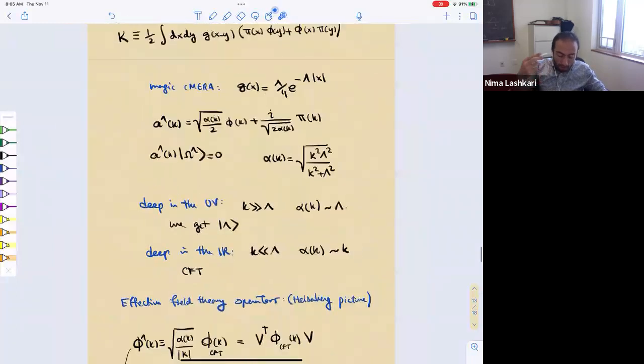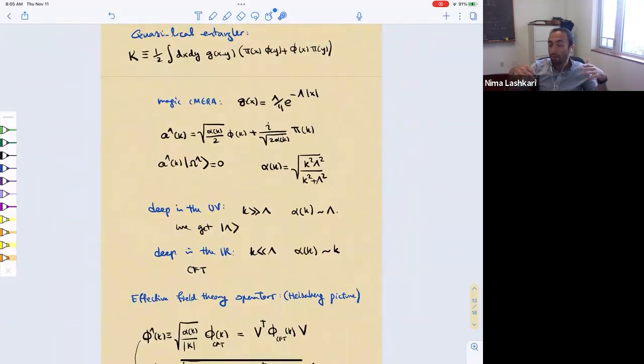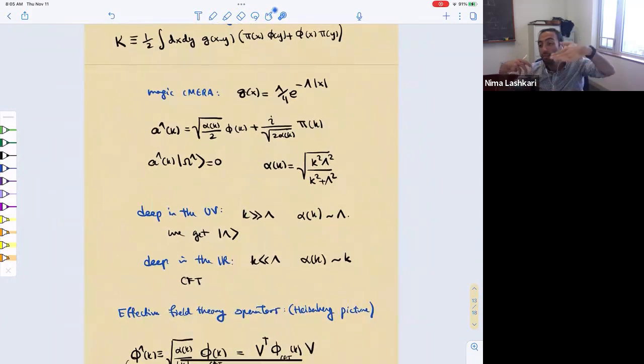Anyway, what you need to know about this example, I'm going to quote the results, but there are a few steps that are important for this. Under the cMERA, what happens is that you get a vacuum state at each energy scale, at each cutoff lambda.